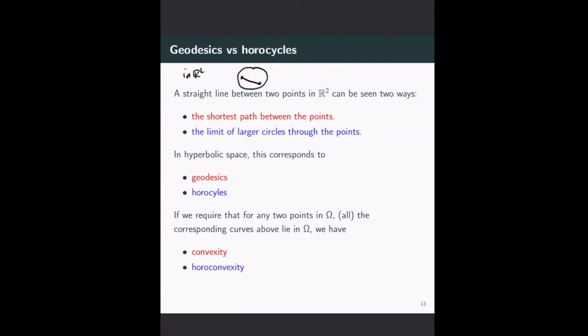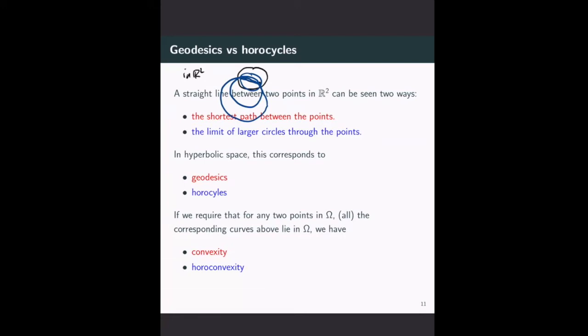So I can take, let's do this circle. I can take a circle that's larger. I can take a circle that's even larger. And as the radius goes to infinity, these arcs will go to the line, which is the same thing in R2. It's kind of silly to think of it both ways.